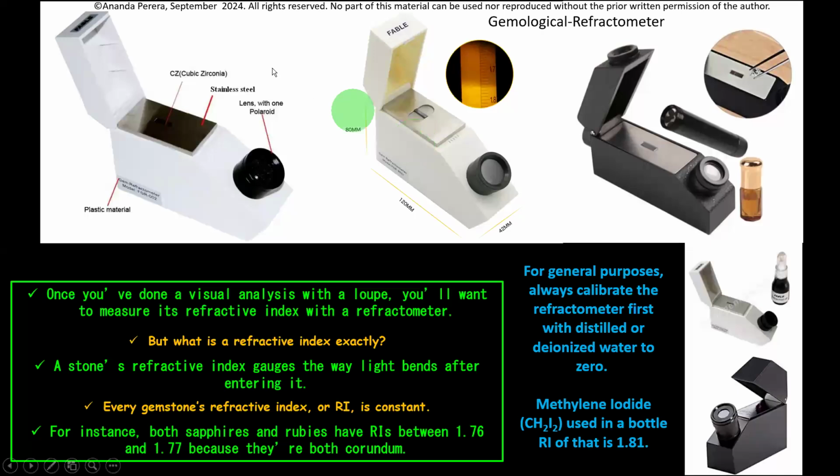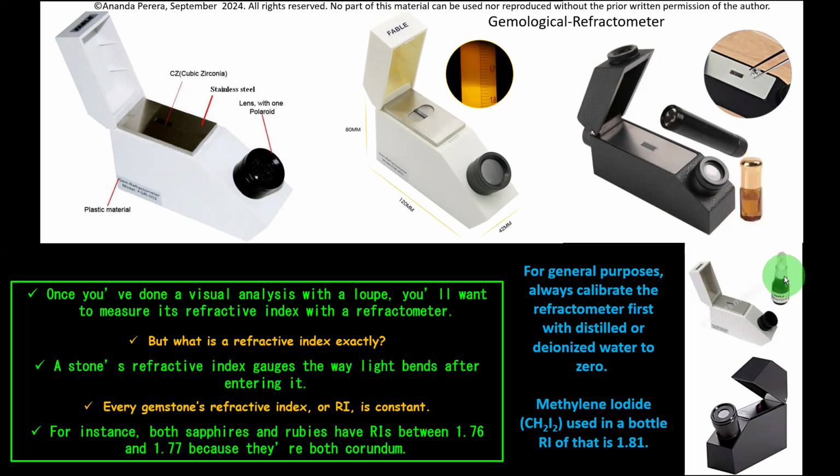Then the next one is here. What is this? Look at those. The methylene iodide inside this bottle, it is methylene iodide. Methylene iodide has 1.81 refractive index.